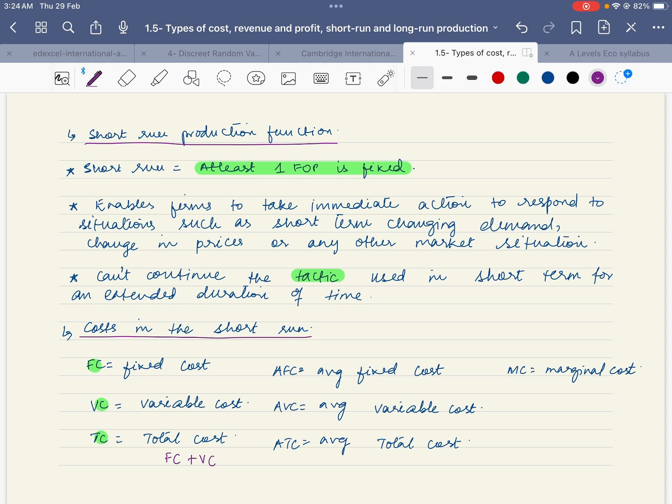Average fixed cost is fixed cost divided by output or quantity. Average variable cost is variable cost divided by output or quantity. Average total cost is total cost divided by output or quantity. Marginal cost is also called incremental cost. And what is marginal cost? Marginal cost is the cost of producing one more unit.